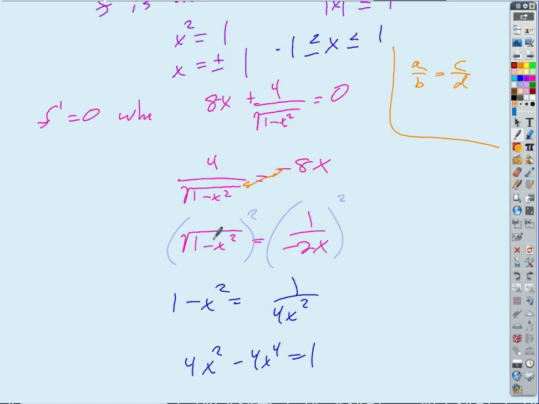So the pink equation here. See if that works. If I plug in, we got to try both of these. So we had x equals plus or minus. I'm going to write it as 1 over radical 2, so it's easier to see what's going on. So if I try plus 1 over the square root of 2, I'm going to get 1 minus 1/2. Agreed?